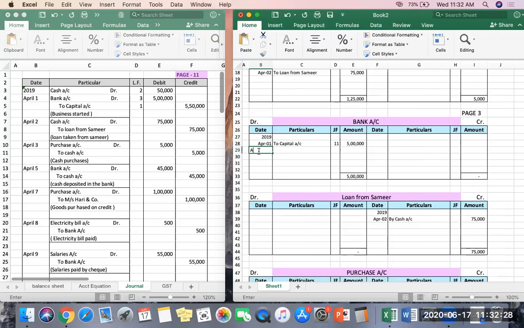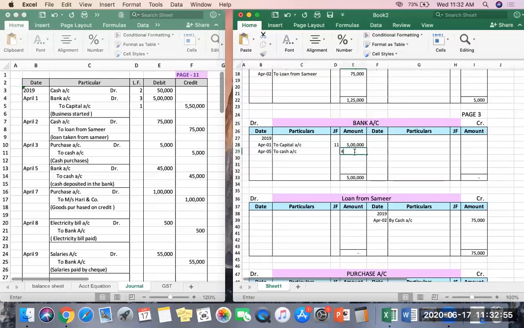Write April 5th, and in particulars, what are you going to write? To cash account. And the amount will be written as 45,000. Done.